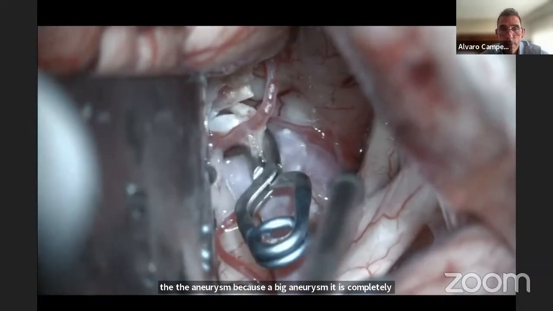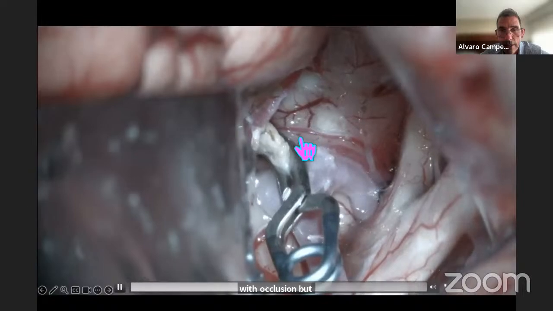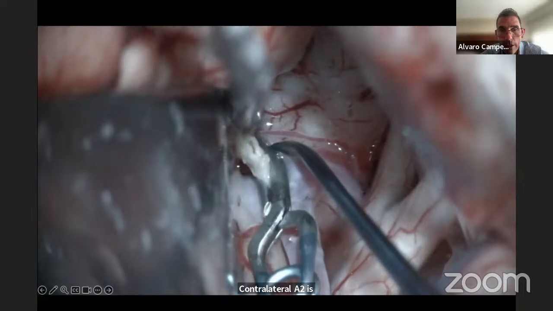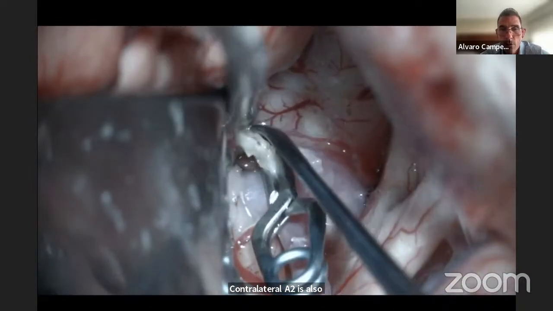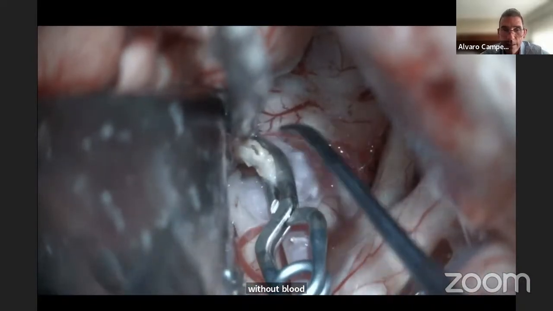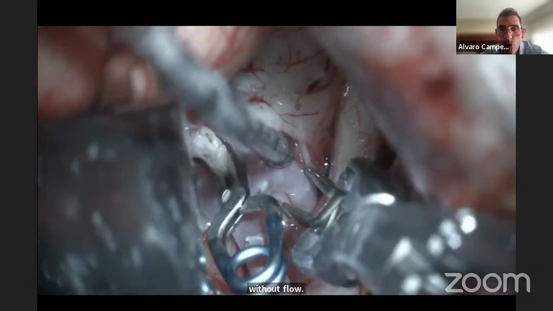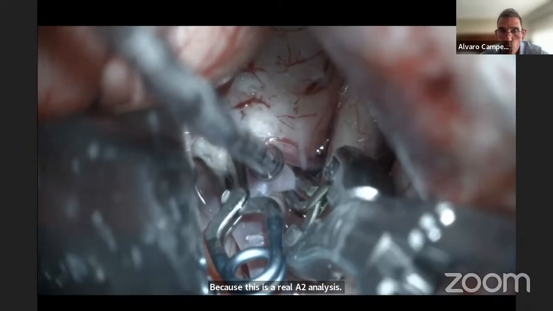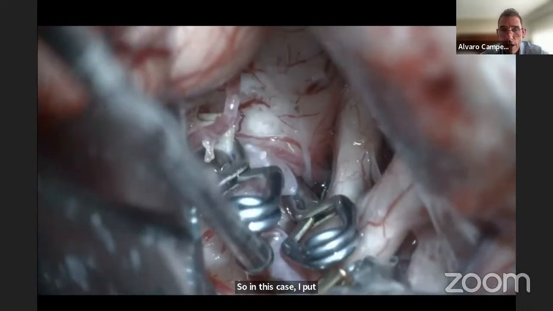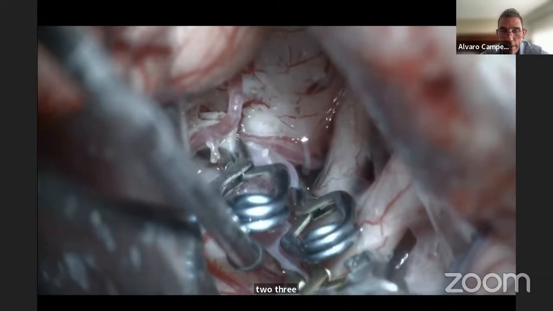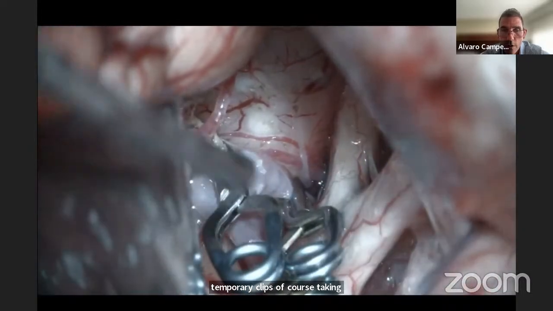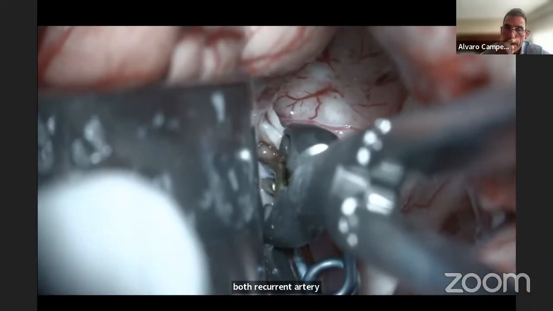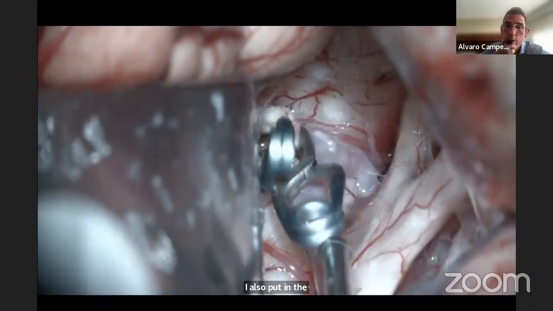But the problem is that the contralateral A2 is also without blood, without flow, because this is a real A2 aneurysm. So in this case, I put 3 temporary clips, of course, taking care of both recurrent arteries. I also put one in the A2, sorry, ipsilateral.